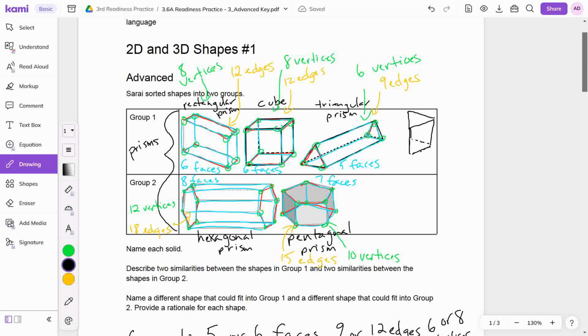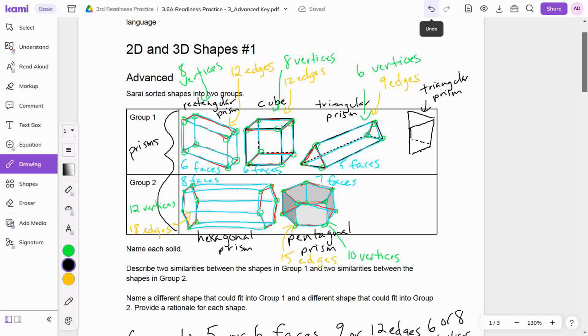It'll kind of look like this. So this is a triangular prism, but you notice it has the same set of faces, vertices, and edges as my other triangular prism. This is just what it looks like when it's actually sitting on its base.